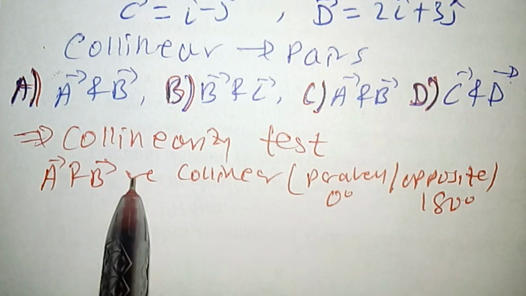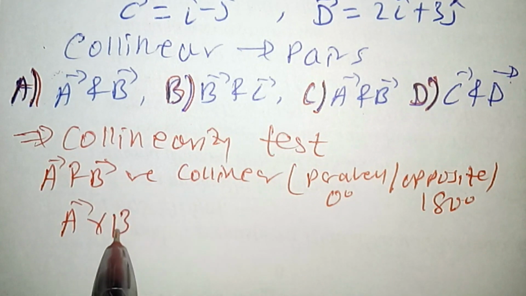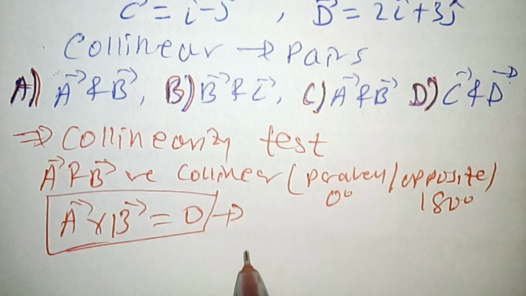Then the vectors are said to be collinear. That means the cross product of the two given vectors is 0. This is what we call the collinearity test of vectors.